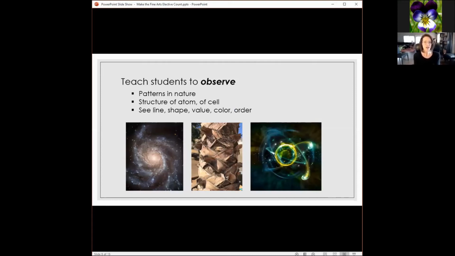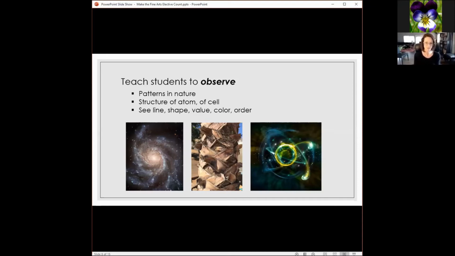We want them to look at the universe, to look at the grand scale of it and see the patterns, to look at the micro scale of it and see those same patterns exist. We want them to look at an object that is kind of an everyday thing, like, for example, a tree.